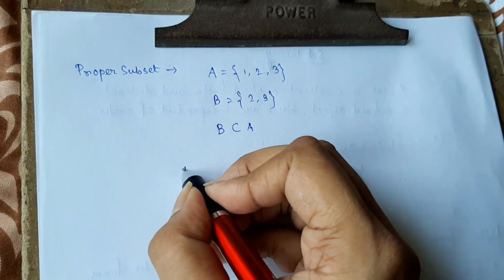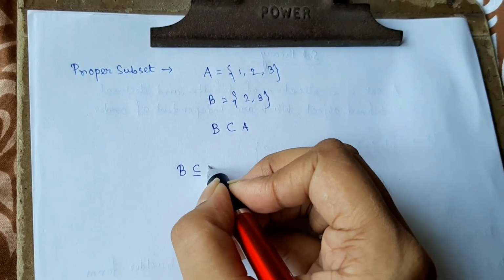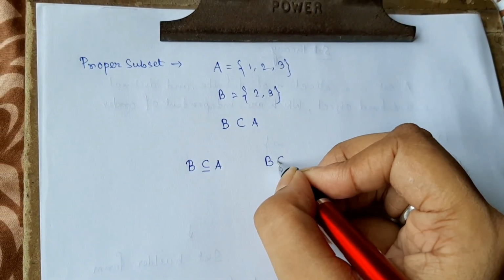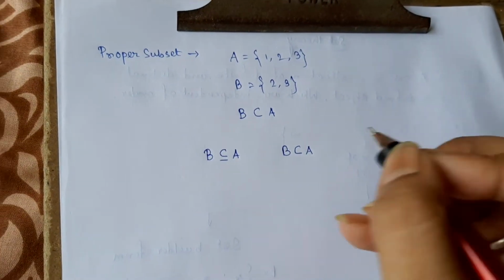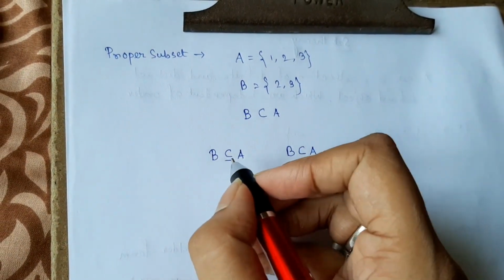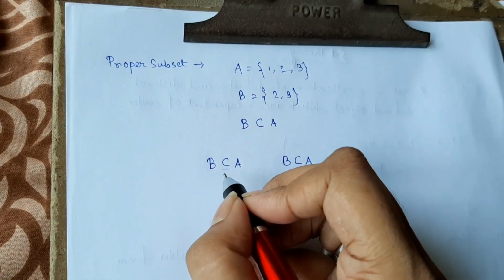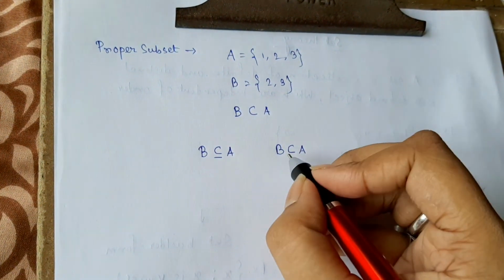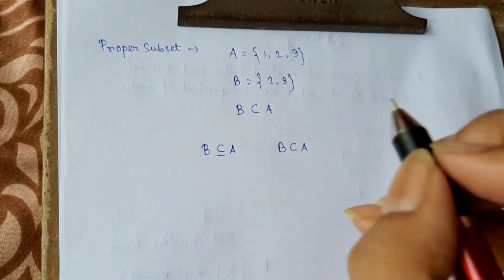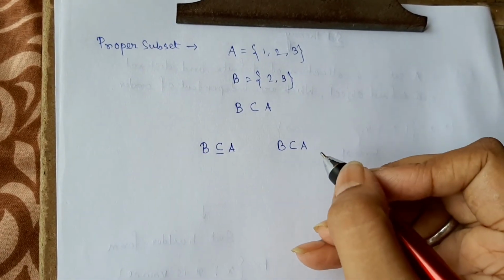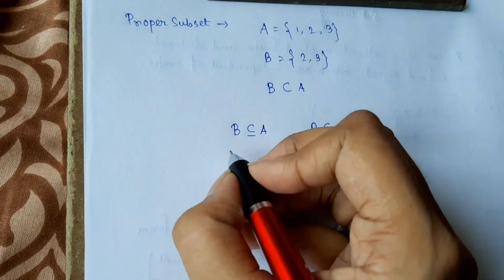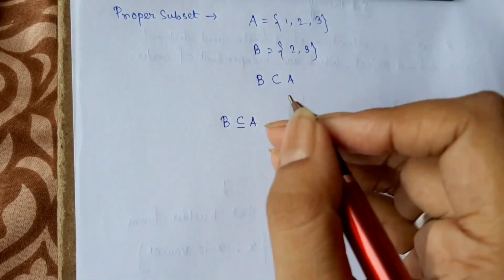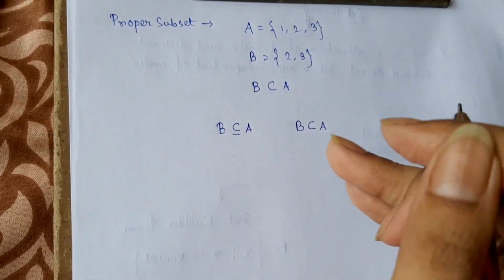The symbol of subset is different from the symbol of proper subset. Subset is either less than or equal to with the universal set, and proper subset is always less than with the universal set. So this is the main difference between subset and proper subset.